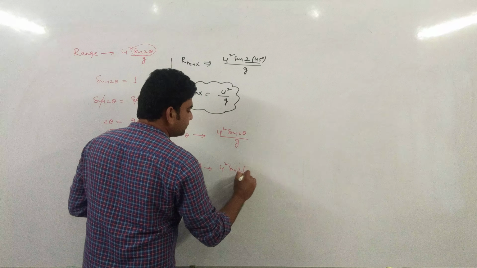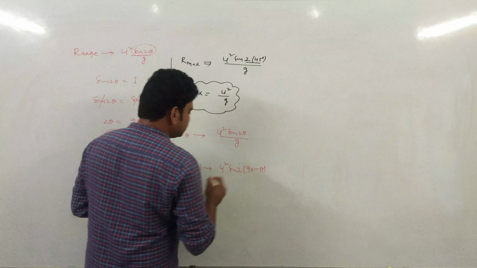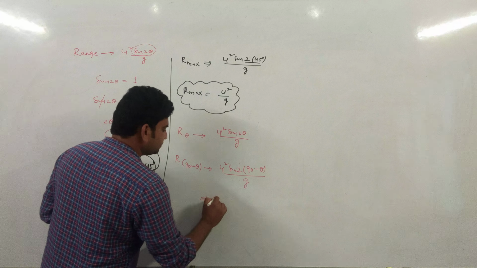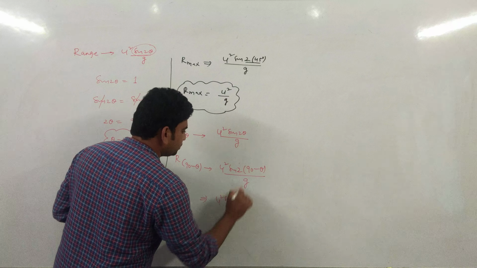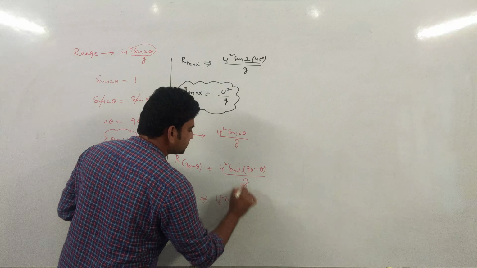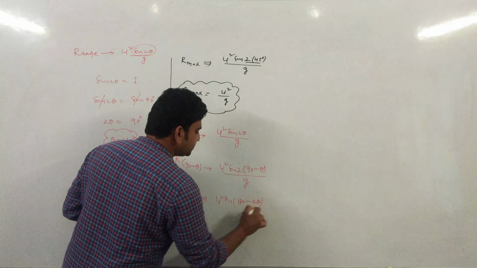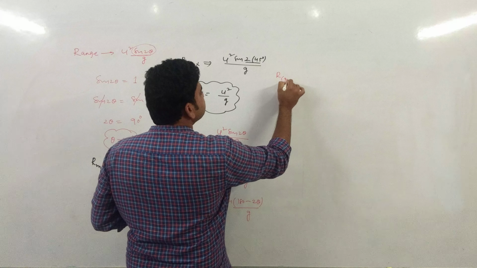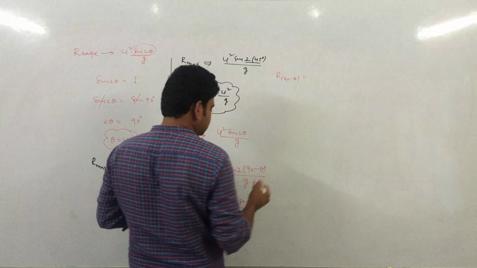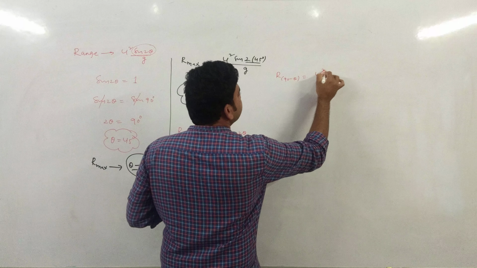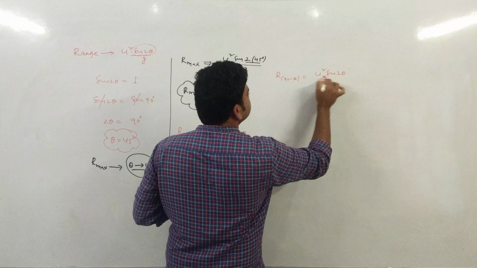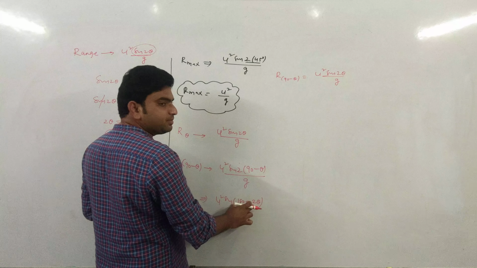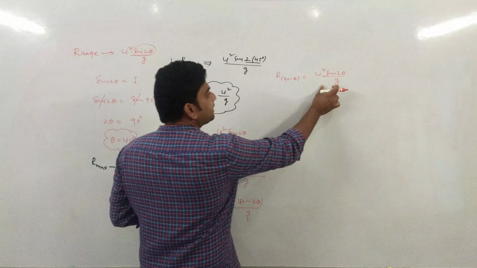Sine of 2 into 90 minus theta by g can be written as u square sine of 180 minus 2 theta by g, and sine of 180 minus 2 theta is sine 2 theta, so R at 90 minus theta is again u square sine 2 theta by g.